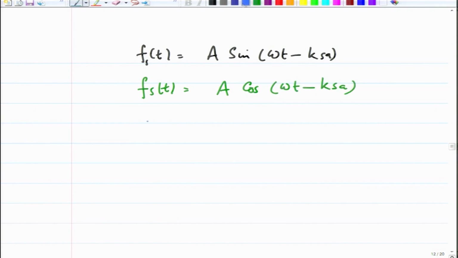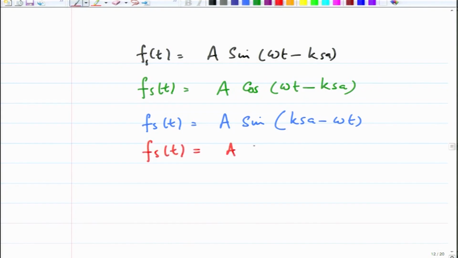Equally well, you could have taken f s t as a sine of k s a minus omega t, or f s t is equal to a cosine k s a minus omega t, does not matter, you change the sign and phase changes, and generally make maths easy.